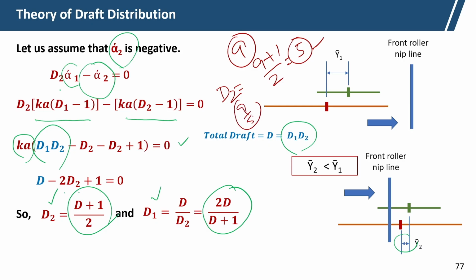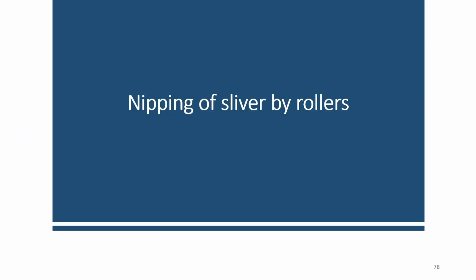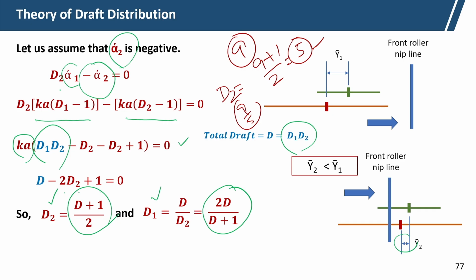In that way we can get the draft distribution. So, using this theory, we can at least try to achieve the minimum irregularity.